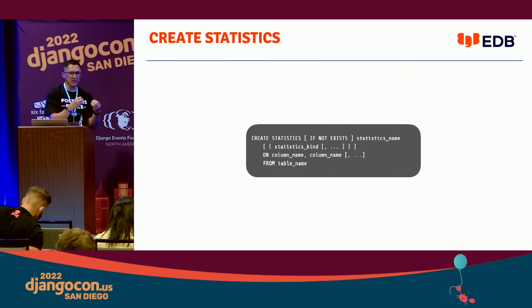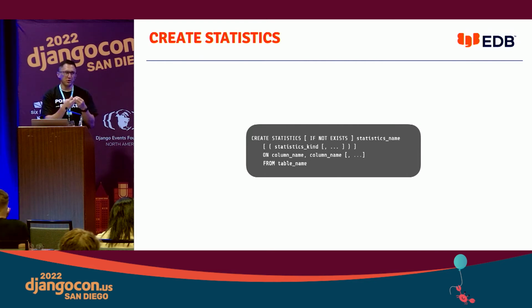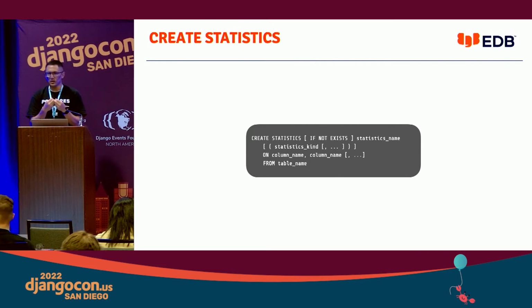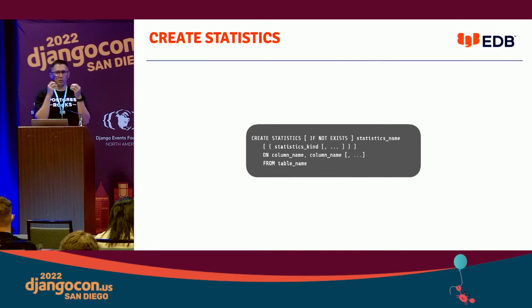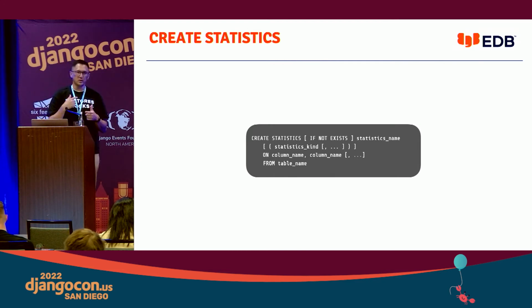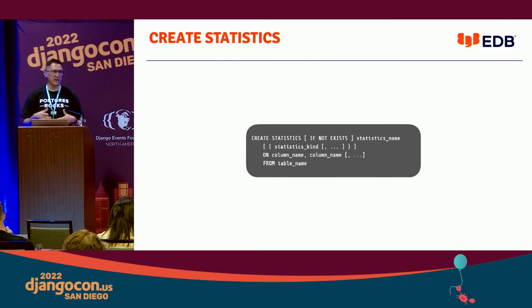When you have height, weight, and age columns, the database doesn't know that they're related. Now, you can teach Postgres and say, hey, these two columns are related, and based on those relationships, it might be able to make a better query plan for you. I won't go into the details, but using CREATE STATISTICS to create extended statistics on your tables might actually help you with your query plans.